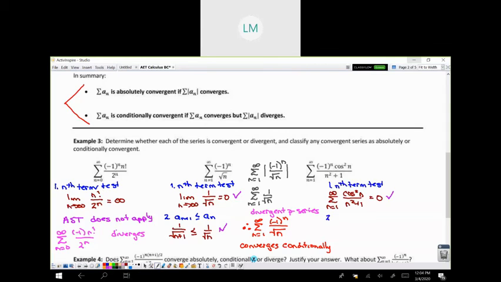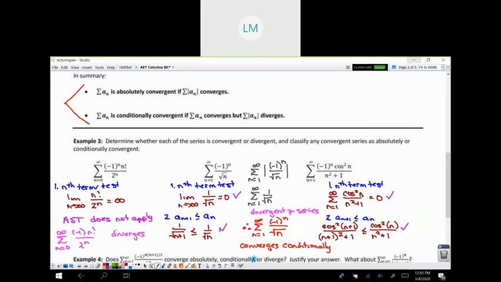So next, we need to know whether a sub n plus 1 is less than or equal to a sub n. So this is cosine squared of n plus 1 over n plus 1 squared plus 1 less than or equal to cosine squared of n over n squared plus 1. Well, remember, cosine squared is always going to be between 0 and 1, and the denominator of the n plus 1 term is going to grow faster than n squared plus 1. So we know that that's true.